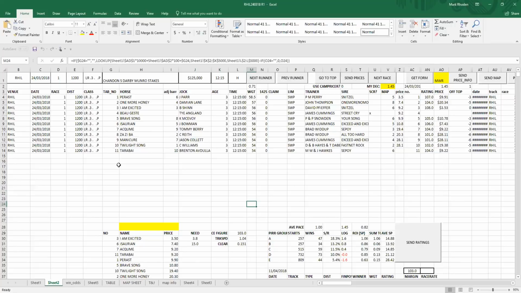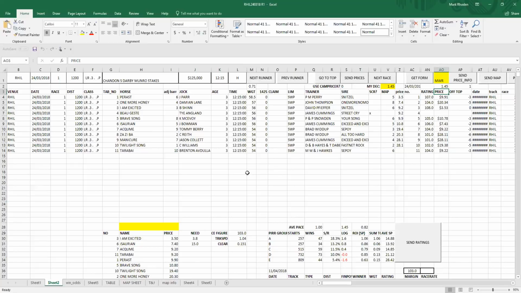Where my input comes into it is over towards the right-hand side of the screen here, the rating column. We'll see as we go into more depth how that's derived, but that's the rating figure I've given each horse in the race, and as you can see in the column next to it, that is then converted by the program straight into a price.